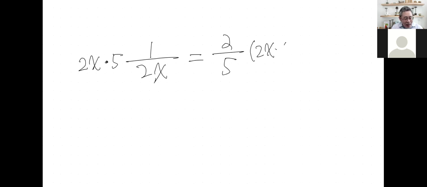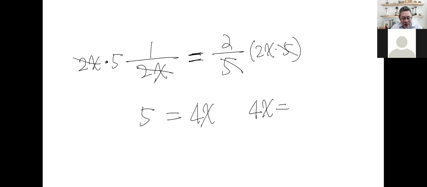As long as we multiply the same thing on both sides of the equation, that equation is still true. That's what we call the multiplication property of equations. So now 2x gets canceled out, we got 5 on this side. On the other side, 5 and 5 cancel out, we got 4x. So now we get the linear equation 4x equals 5. Then solving that is straightforward. x equals 5 over 4.